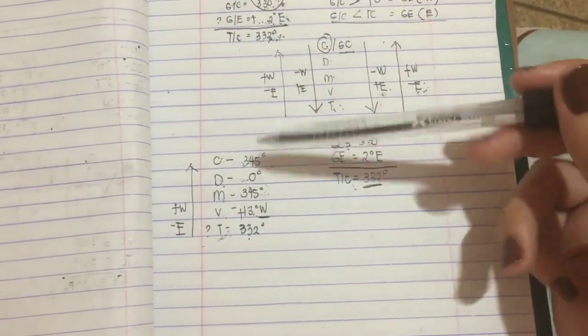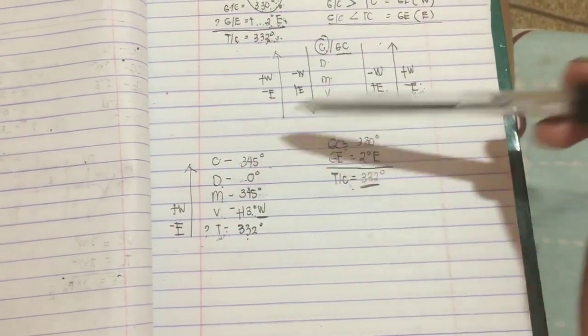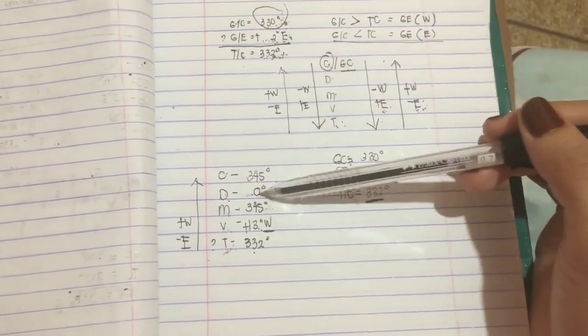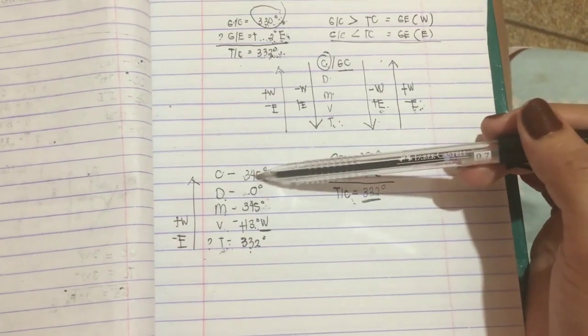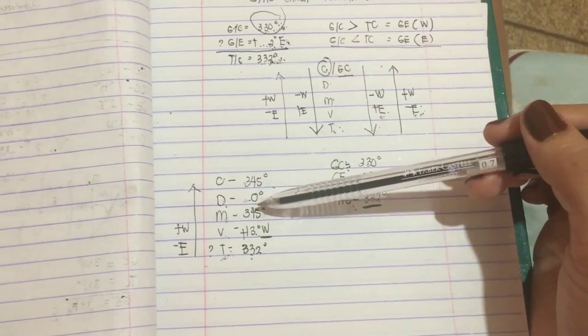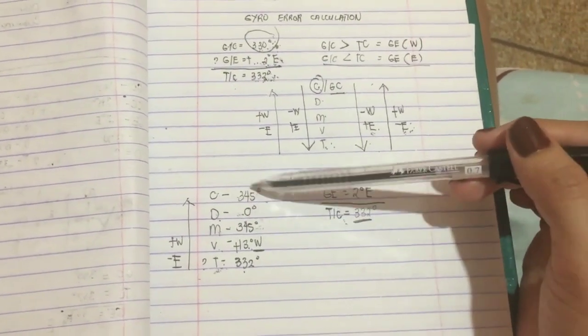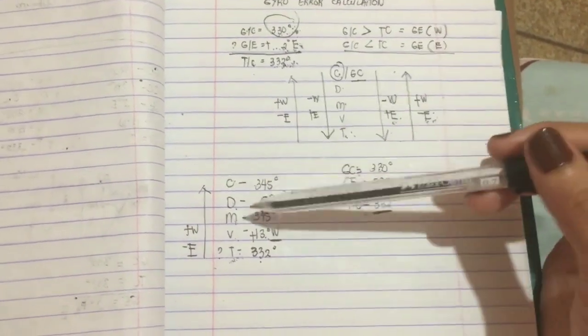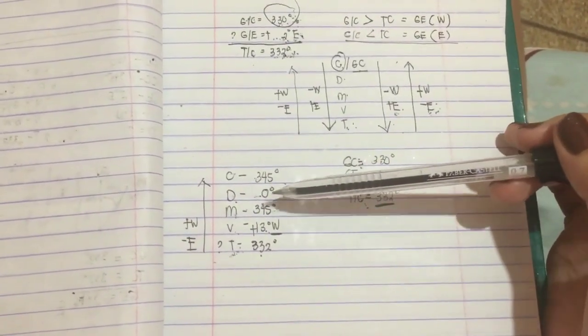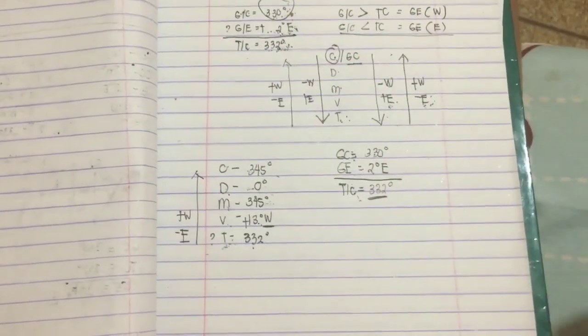Likewise, if you compute the compass north using the deviation and magnetic, when you add 0 to 345, the answer will still be 345, and when we subtract, 345 minus 0, the compass north will still be 345. That's why our deviation is 0 degrees. So that's it. Very easy.